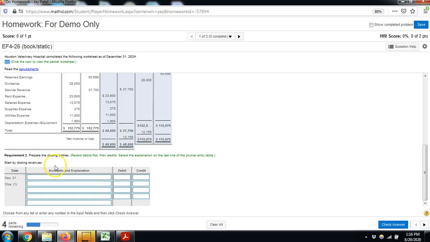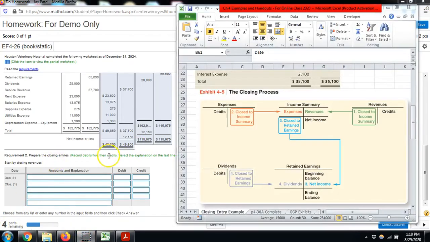Okay, so now we're going to do the closing entries. To assist us with the closing entries, I'm just going to pull up this graphic from the book because I think it's really helpful to step through exactly what we're doing here. In this first closing entry, we're going to be closing revenue.